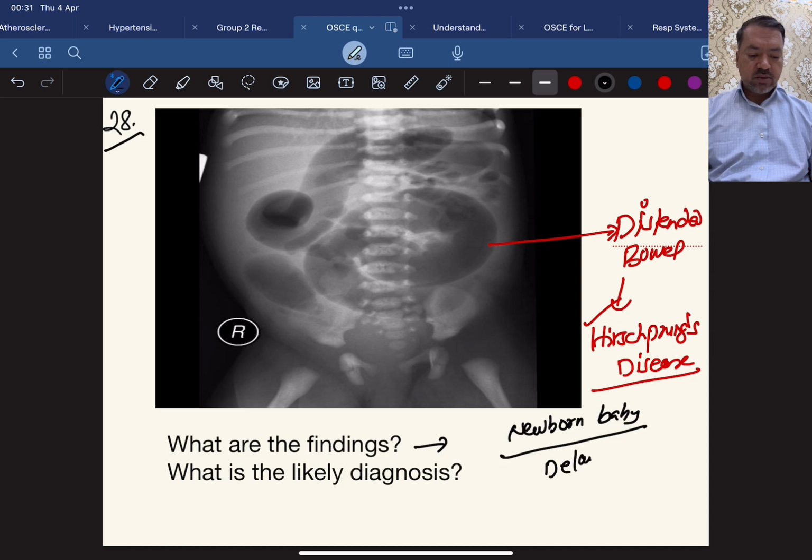This is a typical history in Hirschsprung's disease. When we examine, the abdomen is distended, it looks bigger, and when you do certain investigations like a barium enema, you can diagnose it.